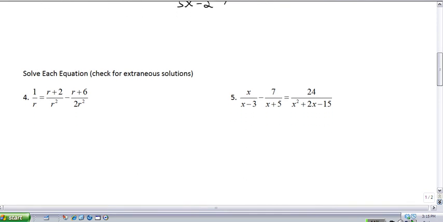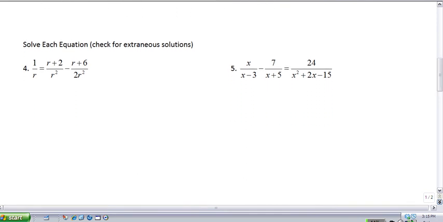Okay, solve each equation, check for extraneous solutions. We'll touch on that check for extraneous solutions at the end, but I don't need you to worry about it right now. Kind of as we talked in class, just get it so both sides have the same denominator. So you should compare all the denominators and say, if I were going to make those all match, I'd want them all to be 2r squared.